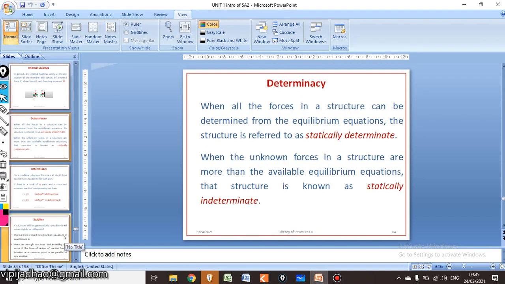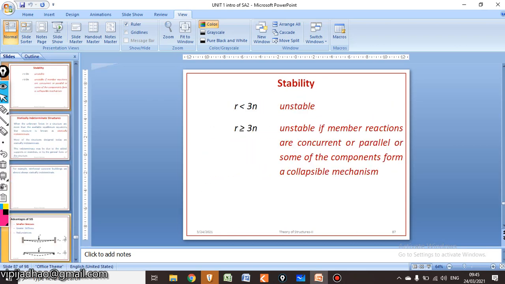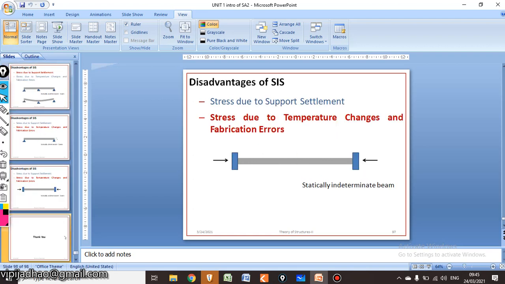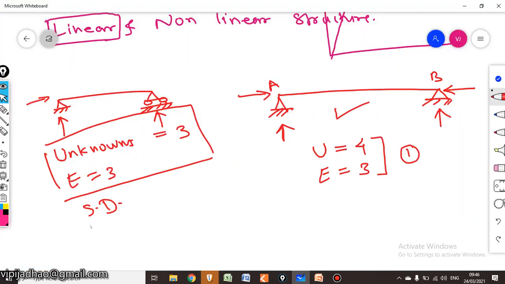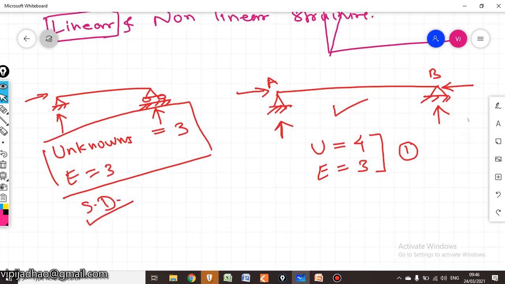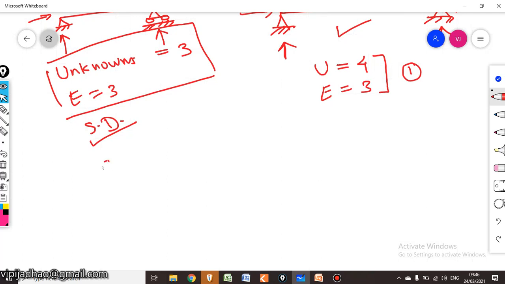There are some advantages and disadvantages of these types of systems. First, in case of a statically determinate structure, the complete structure can be solved by using the three equations of equilibrium, whereas a statically indeterminate structure cannot be solved by using three equations of equilibrium only.